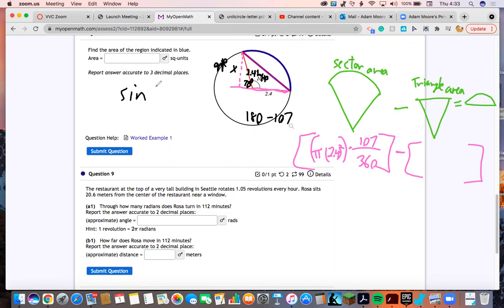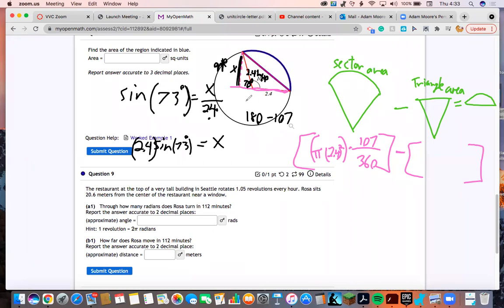And so we say sine of 73 degrees equal to opposite over hypotenuse. So that's x over 2.4, times the 2.4 over there, and you've got x by itself. So this is sine 73. Make sure you're in degree mode in your calculator. You don't want to be using it in radian mode at this point. And then times 2.4, sine 73 times 2.4, and you've got yourself a height.